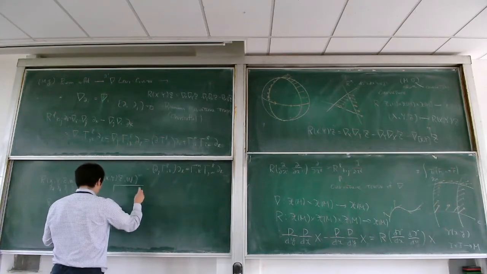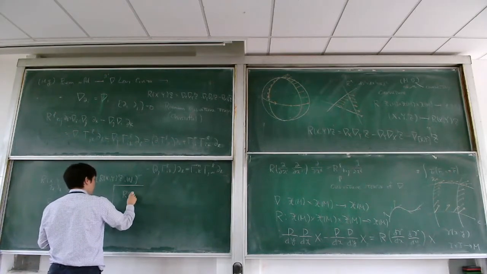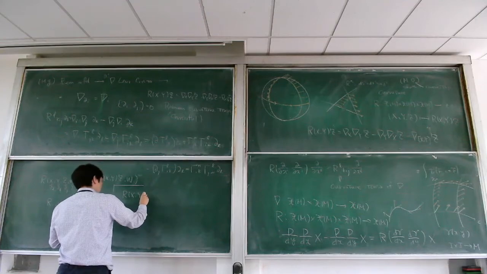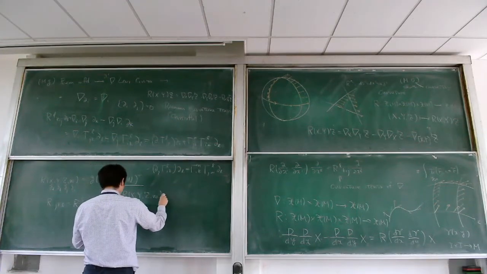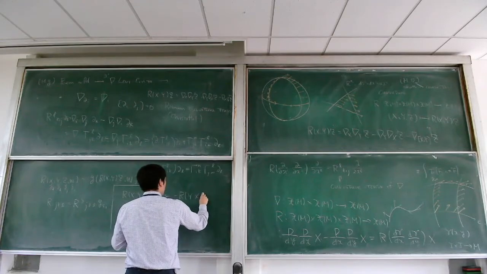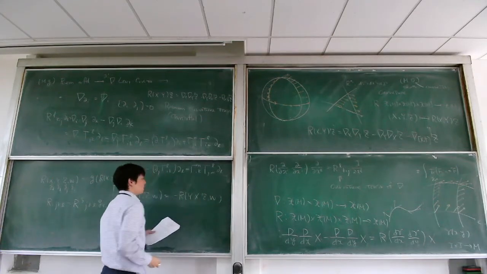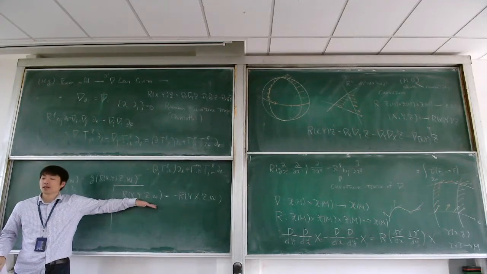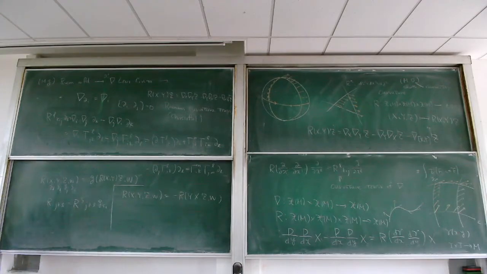So this curvature tensor satisfies the following conditions. So the first one is very easy. How do you show this one? Is it easy to see why this is true?